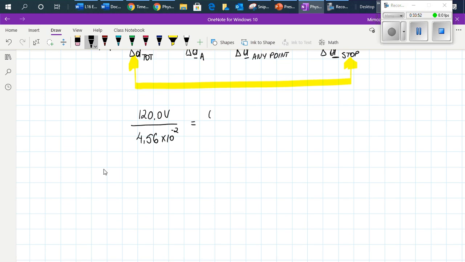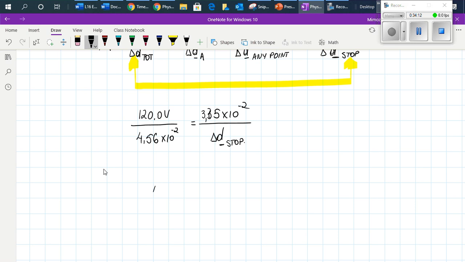So 120 volts over 4.56 times 10 to the power of negative 2 is equal to the stopping voltage, 3.35 times 10 to the power of negative 2, over the distance from the negative plate up to the point where the particle stops.